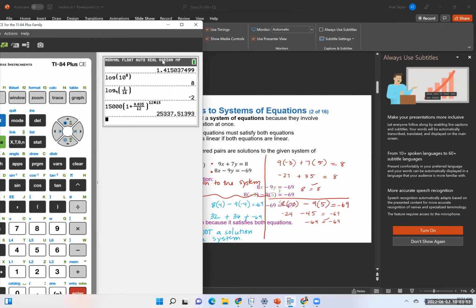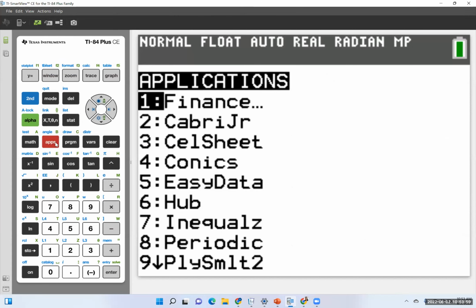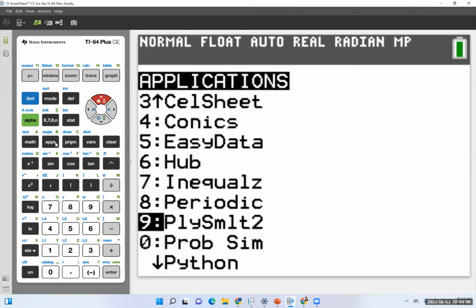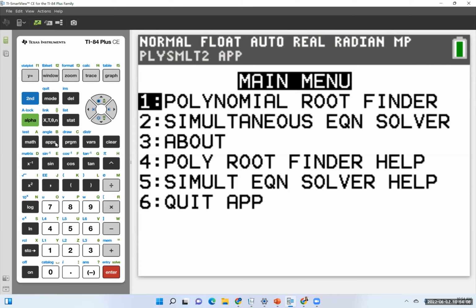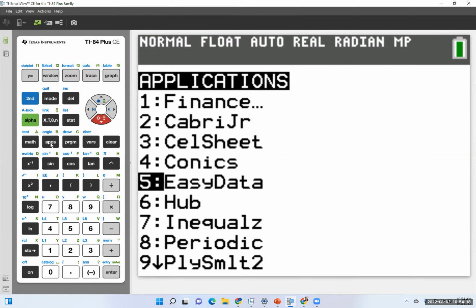So open up your calculator and go to apps and go down. Okay, go to apps. See if you have the one that I used last time, number 9.